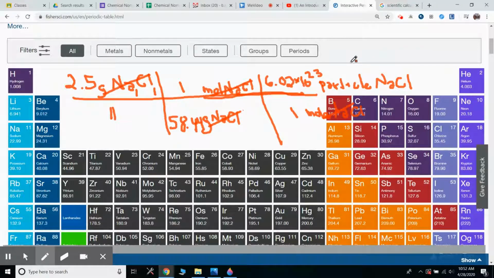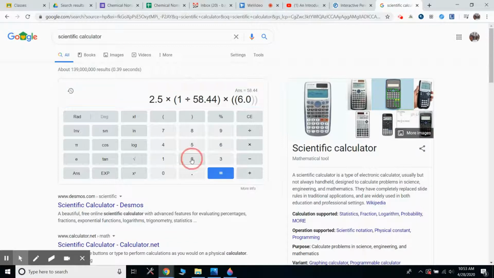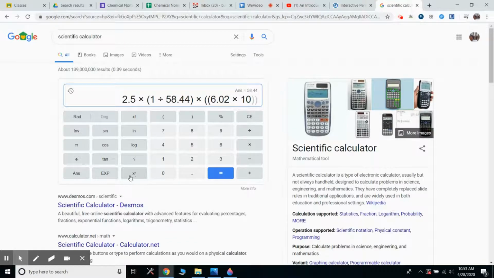Okay, so I'm going to go back to my calculator and I'm going to delete what I have here, and I'm going to type in the 2.5 times parentheses 1 divided by 58.44 grams, and then I'm going to do times parentheses, and then another parentheses because I have the 6.02 times 10, I'm going to do this x to the y, 23rd, close parentheses, over 1, and then another close parenthesis.